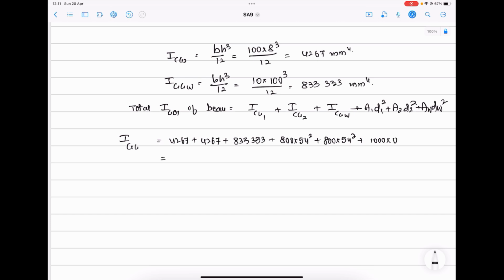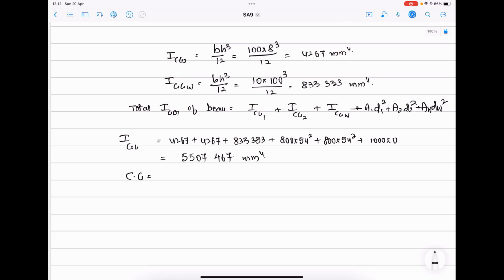Let's calculate. This is equal to 5507467. This is the value of ICG.